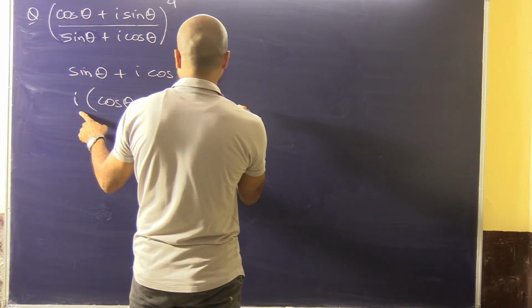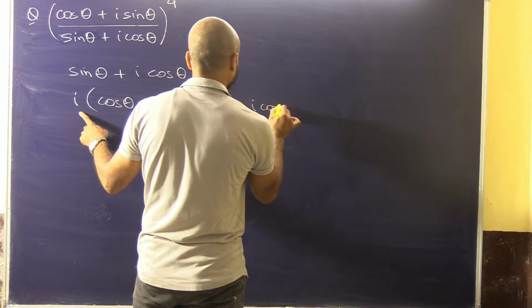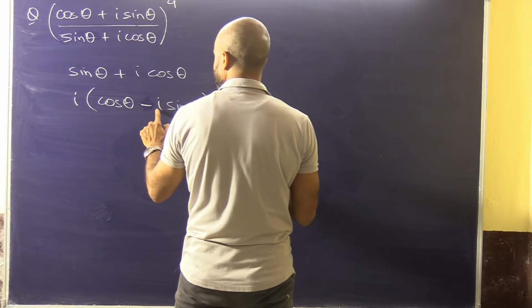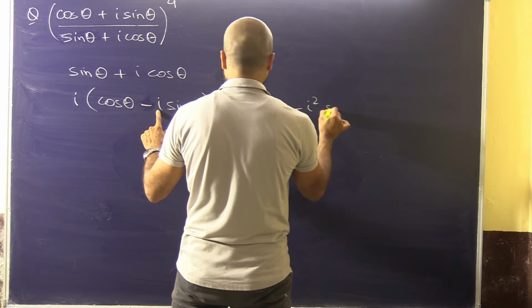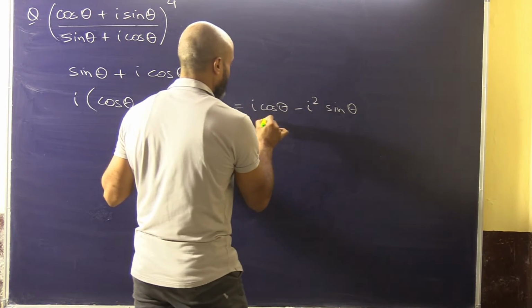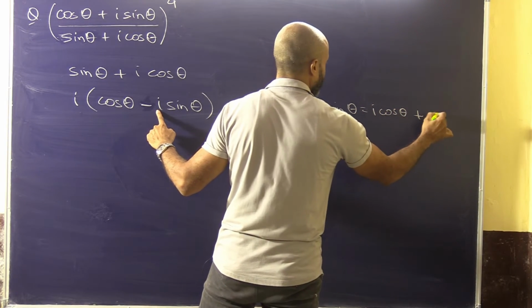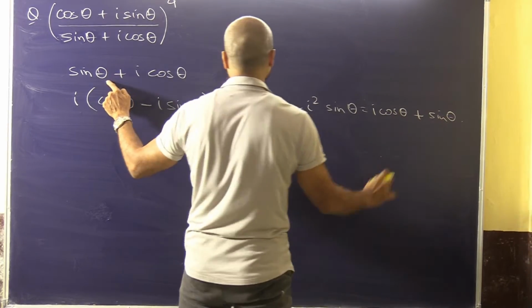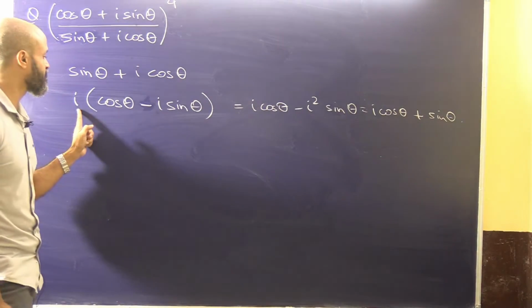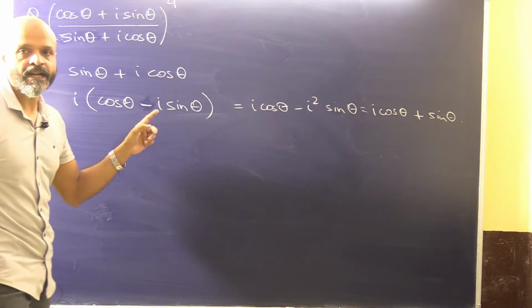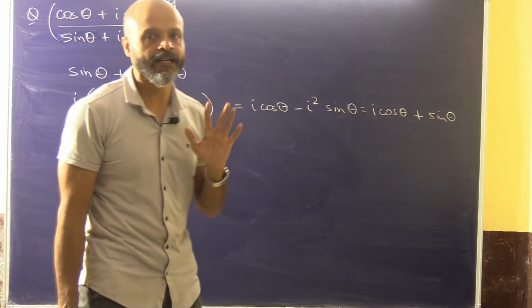This will give me I cos theta, and this will be minus I square sin theta, which will be I cos theta plus sin theta, which is nothing but this only. So if I take out I as common, I will get it in the standard format wherein I can apply De Moivre's theorem.